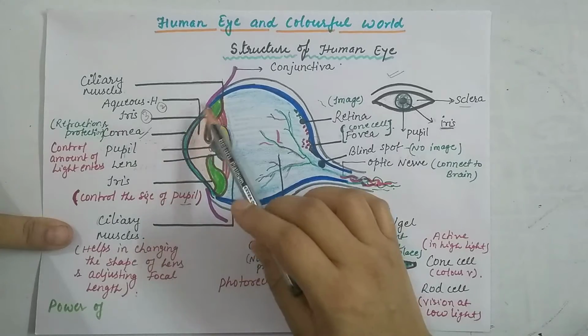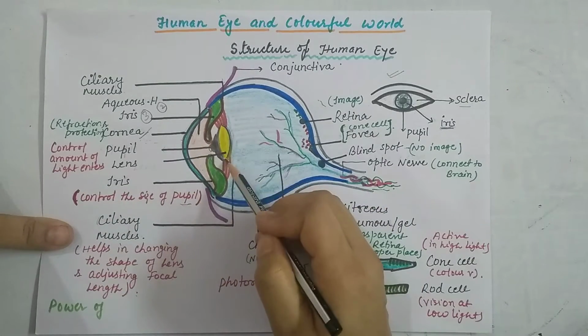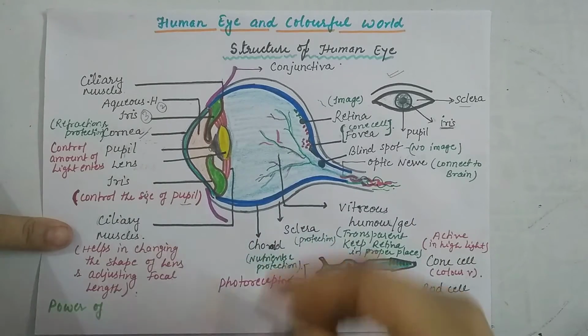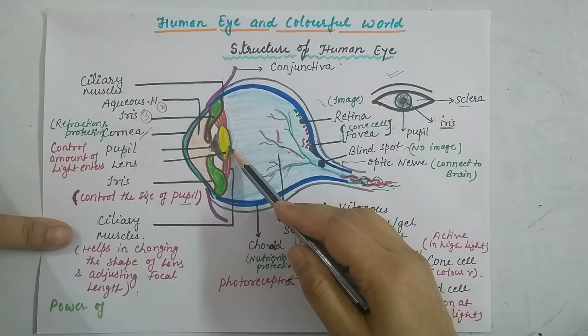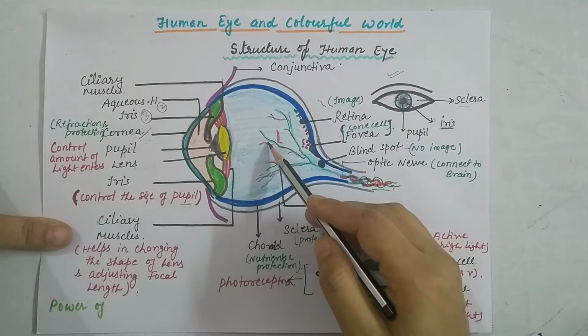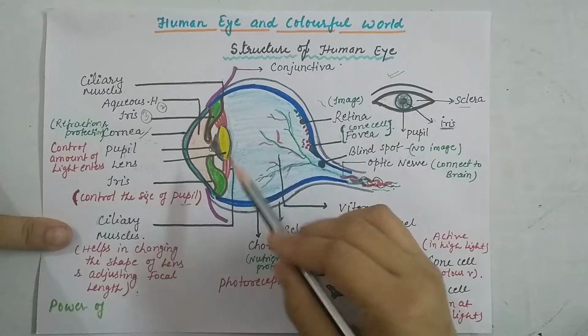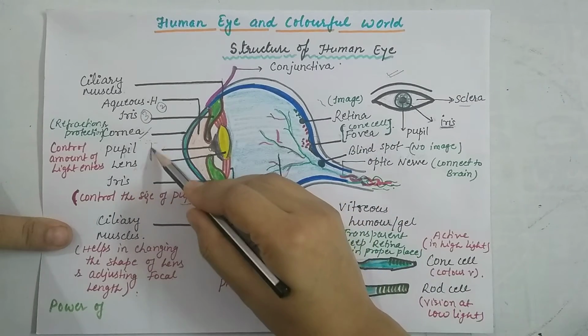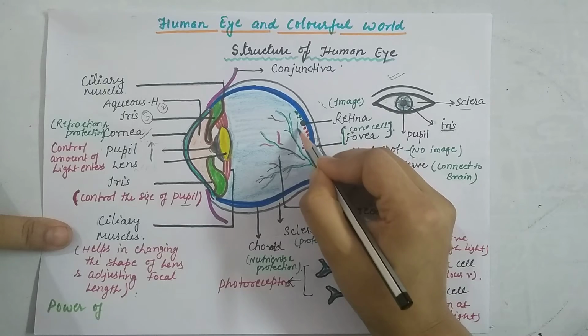Next one is your lens. You are able to see here the lens, and it looks like a convex lens. So the lens of the eye is like a convex lens, and when it is a convex lens, it produces a real and inverted image. Whatever there is, say a candle here, after the refraction, in the retina where the image forms, we get a real and inverted image.